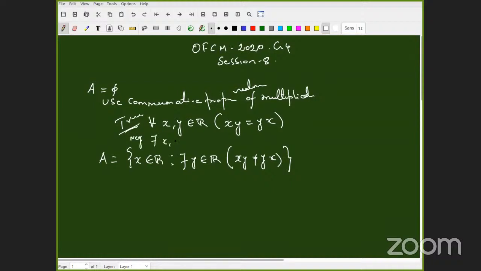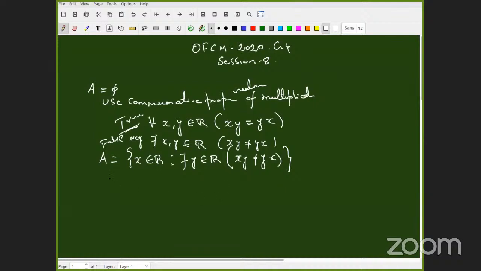There exists a pair x, y in R. I said you have to write it correctly also: an ordered pair (x, y) in R cross R. So there exists (x, y) in R with what property? xy not equal to yx. I can't find a pair of points x, y satisfying this. This is always false. So collect those x in R with the property that I can find a y in R such that xy not equal to yx.